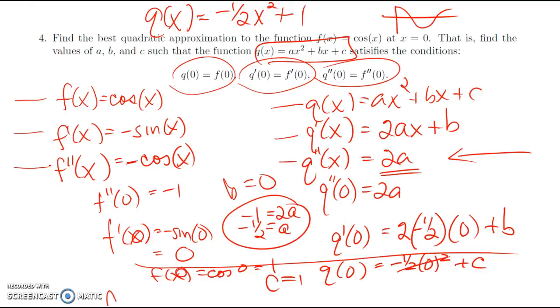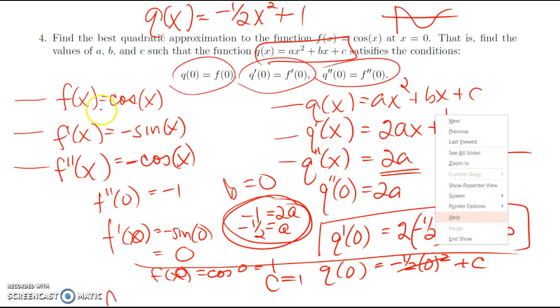Now we started with the second derivative because that was the easiest, and we set the second derivative of q at 0, which was 2a, equal to the second derivative of the function at 0, which was, excuse me, -1, and we solved for a and got this. When we set the first derivative with the a plugged in at 0, it just equaled b.